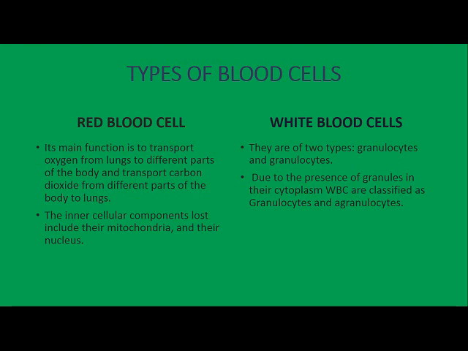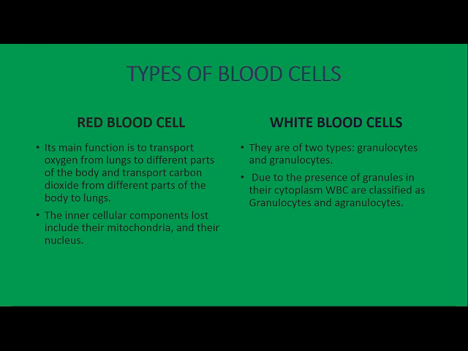The red blood cell gets its red color due to the presence of a pigment known as hemoglobin. The main function of the red blood cell is to help in the transportation of oxygen from the lungs to different parts of the body, and at the same time help in the transportation of carbon dioxide from different parts of our body to the lungs.